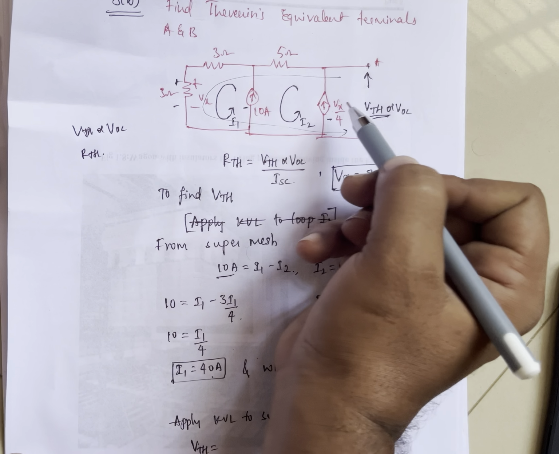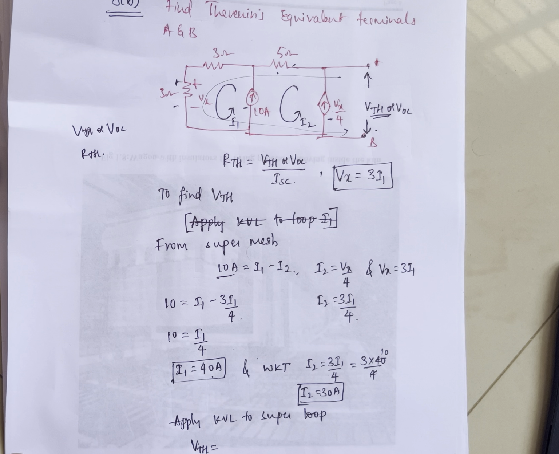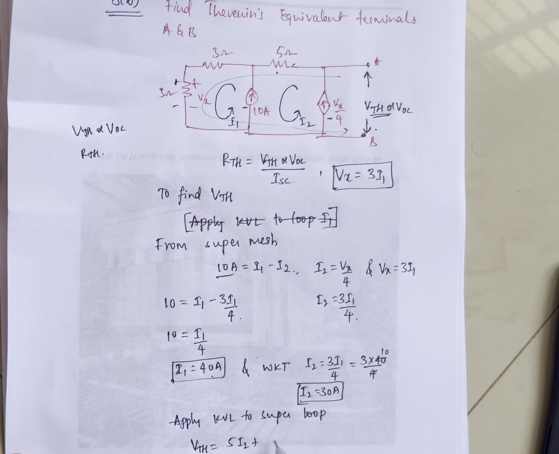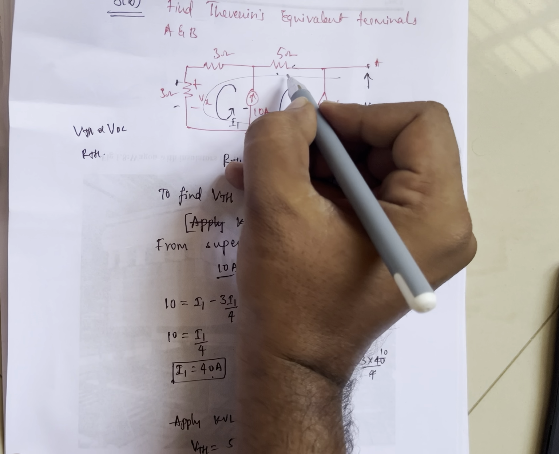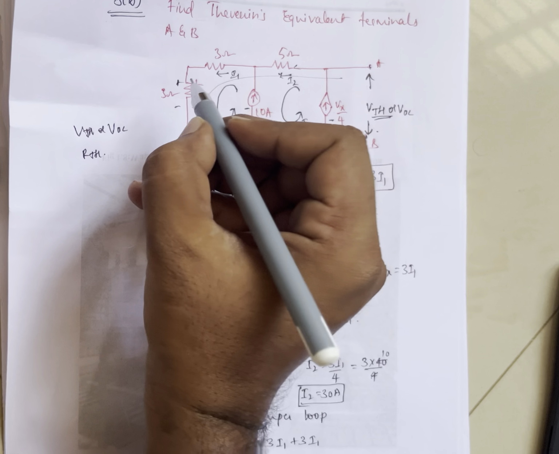The drop across 5 ohm, the current flowing is Vx by 4, which is also I2. So 5I2 plus 3I1 plus 3I1.